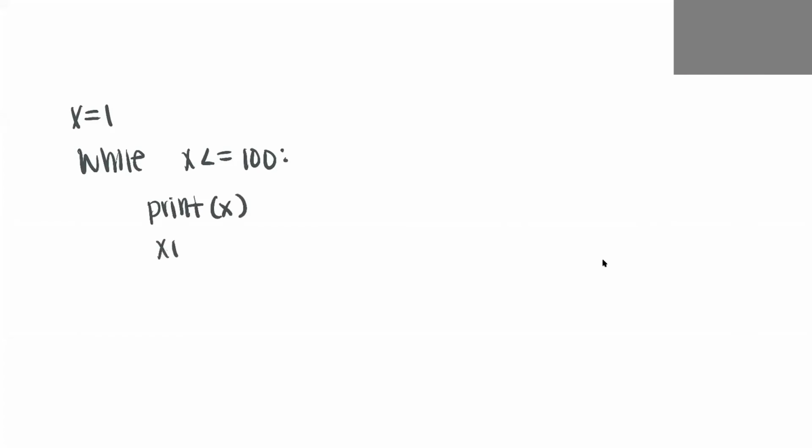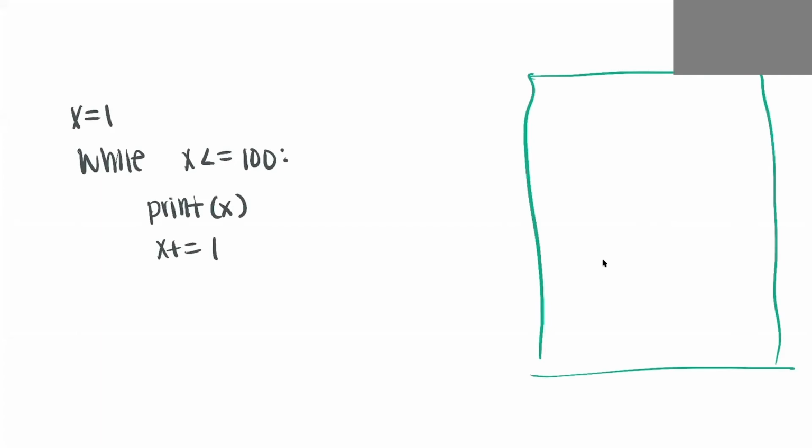So in our code, we started off with x is equal to 1. And then we had while x is less than or equal to 100, print x. And then we had our updater, x plus equals 1. This is going to serve as my console, so we'll be able to see things that print out on here.